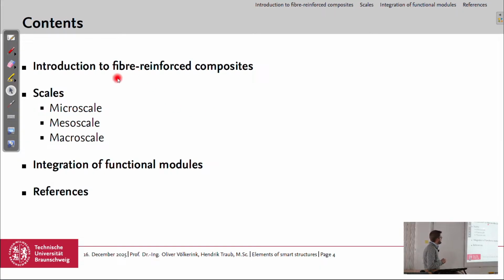So we will first have an introduction to fiber reinforced composites in general, then look at different scales, micro, meso, macro scale, and then we'll have a look at the integration.